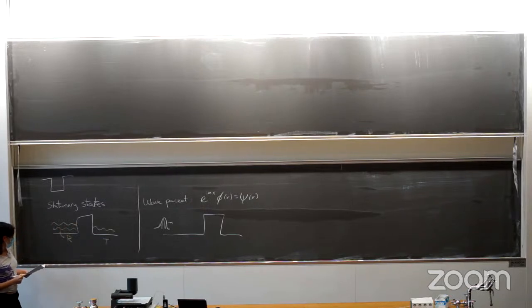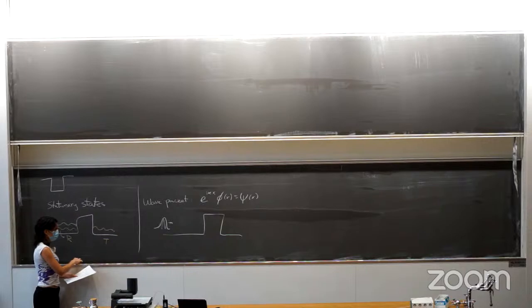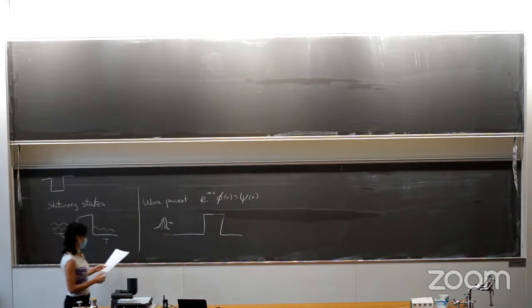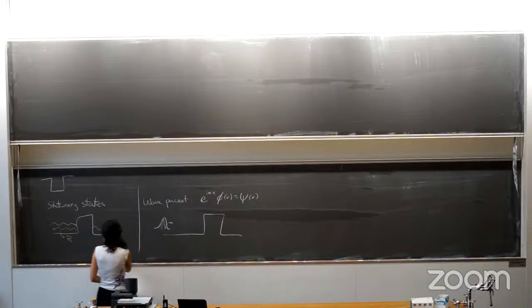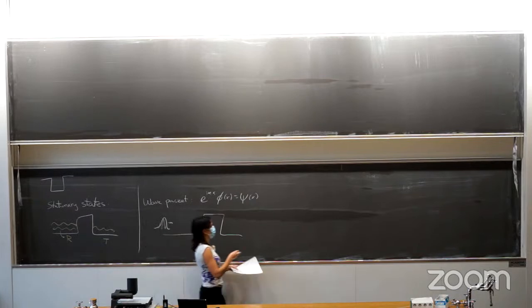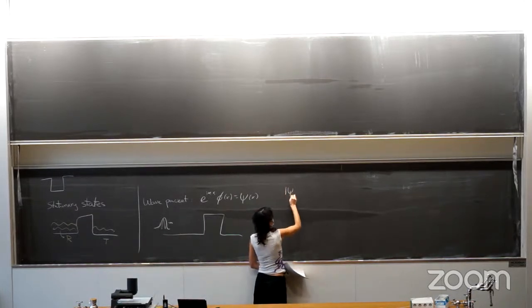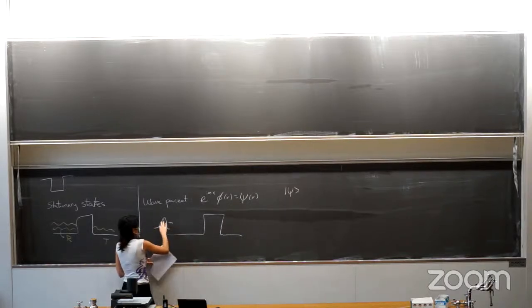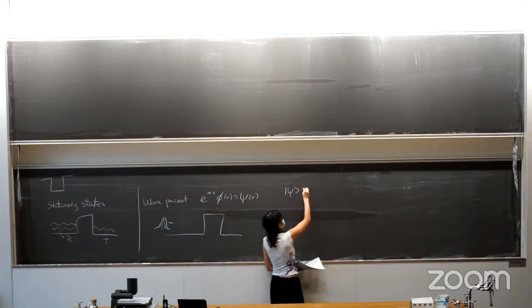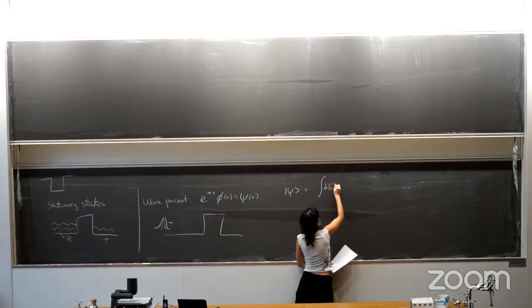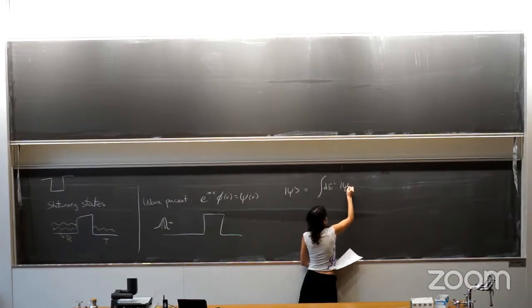And so the idea behind it, I'll try to see if there's some exercise that is reasonable to do in the tutorial. But the idea behind it is that we prepare a wave with relatively well-defined energy, meaning what? That we can write, so say we have our state psi with this wave function, and we prepare it in a way such that the energy is more or less well-defined, meaning what? We can always expand it in the energy basis, so it will be some integral of dE, where these are these states, right?